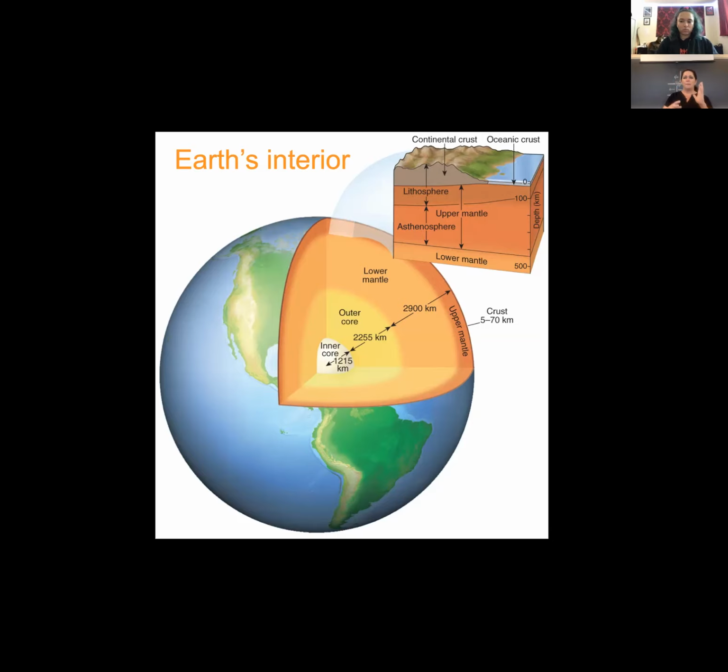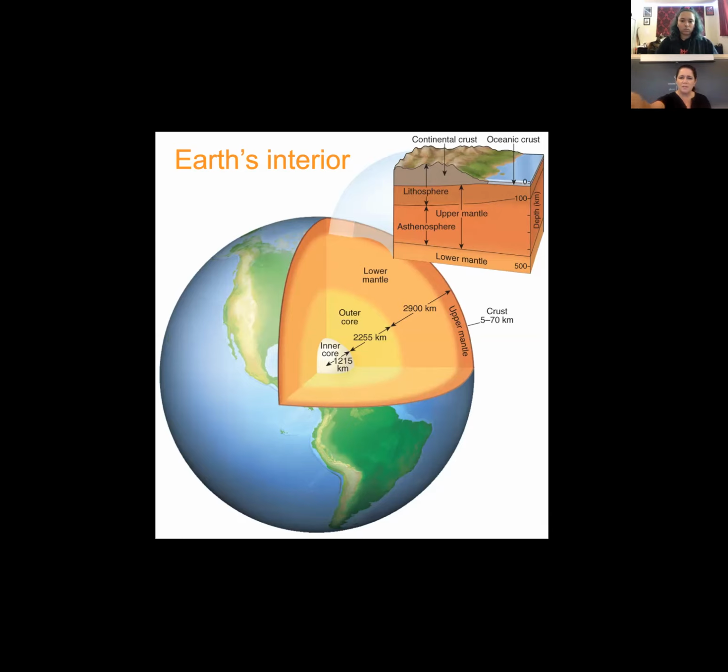You name the layers of the earth depending on whether you're talking about how strong they are. So whether it's the lithosphere, which is the outer cooled shell of Earth that is rigid and solid and not molten.